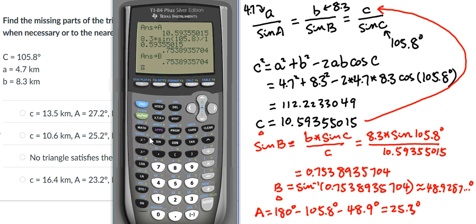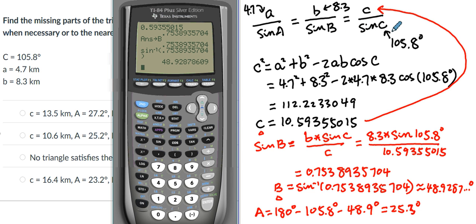We will do sine inverse, and it was in memory B. We'll recall that, hit enter, close bracket. So we have 48.9287 something. That's angle B.